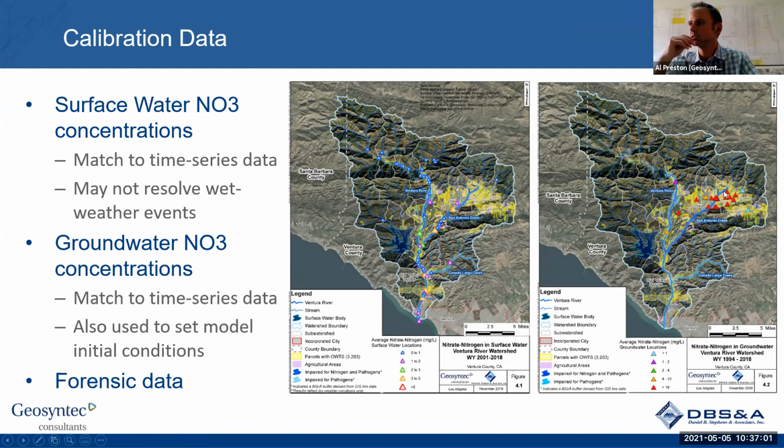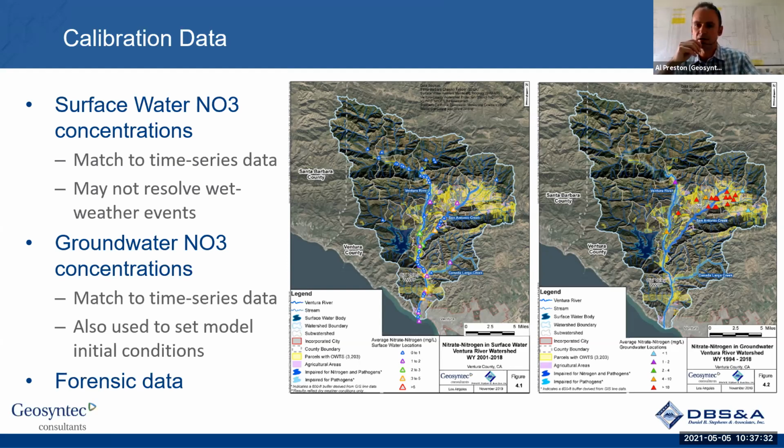These concentrations at the beginning of the modeling period will also be used to set the model initial conditions. We need to give the model initial concentrations to start it off. In addition to these direct measurements, there's also the forensic data that my colleague Brandon discussed earlier that was used in the previous study, and they can be used to corroborate, for example, whether the nitrate at a particular location came from septic systems.